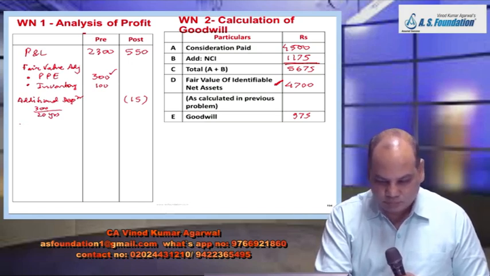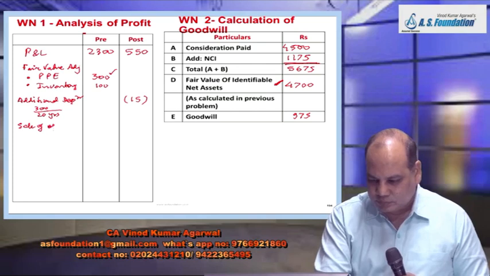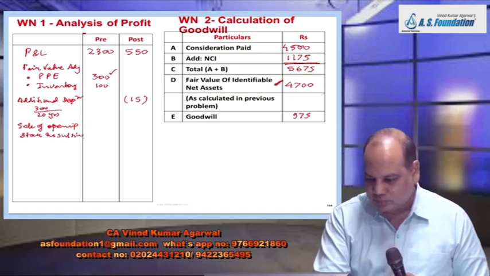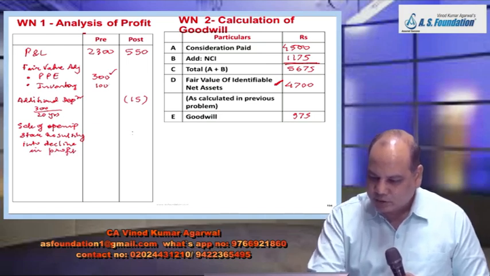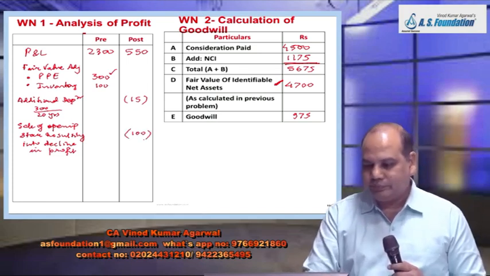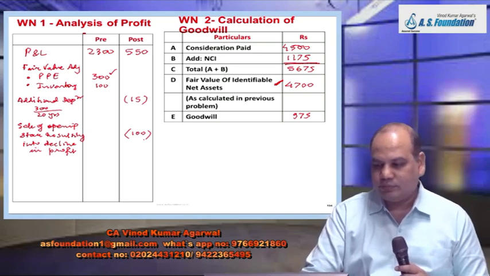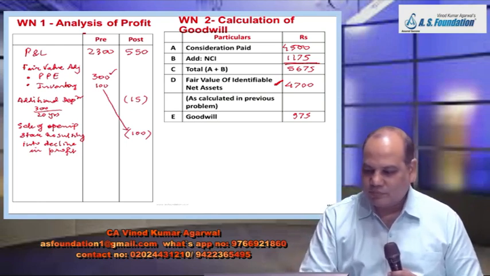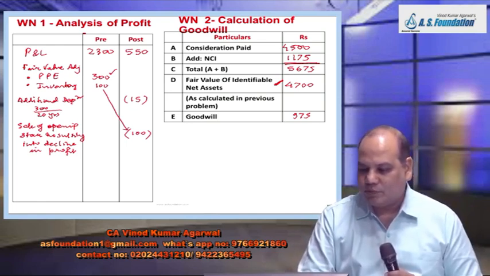And then sale of opening stock, resulting into decline in profit. This 100 will now come here. It was sold in this year. So this year profit will get reduced.